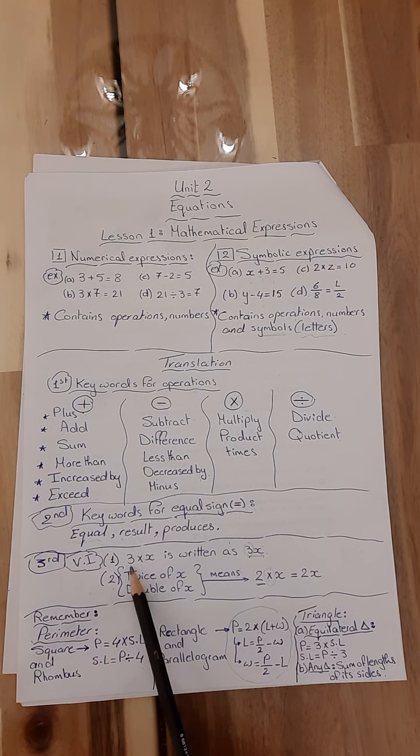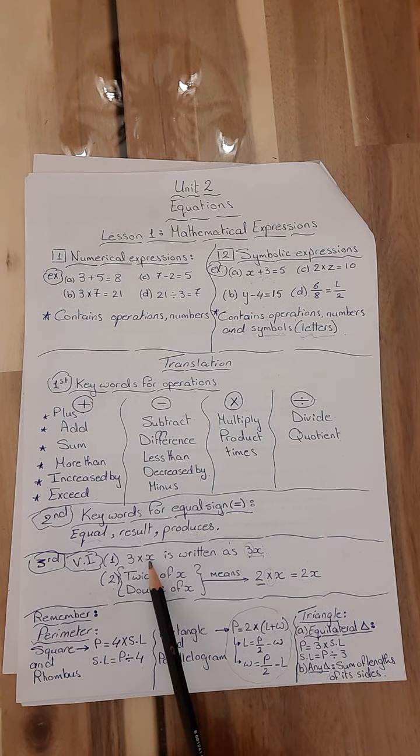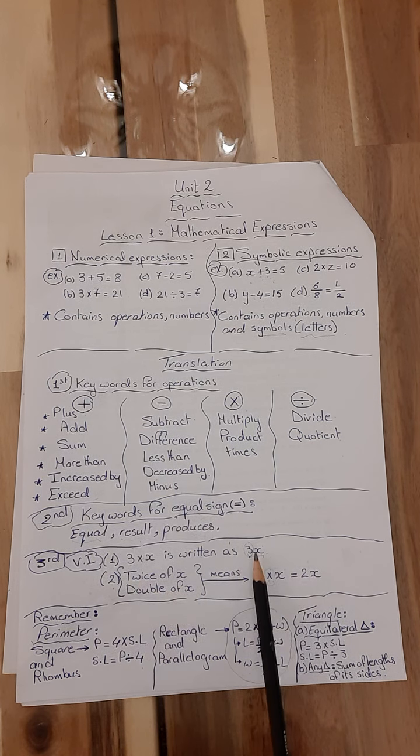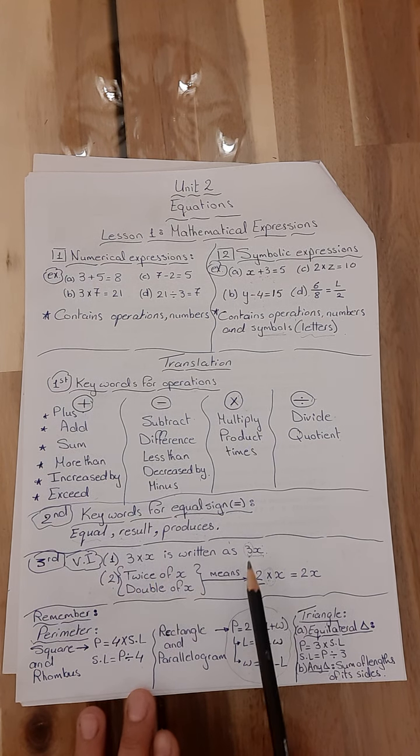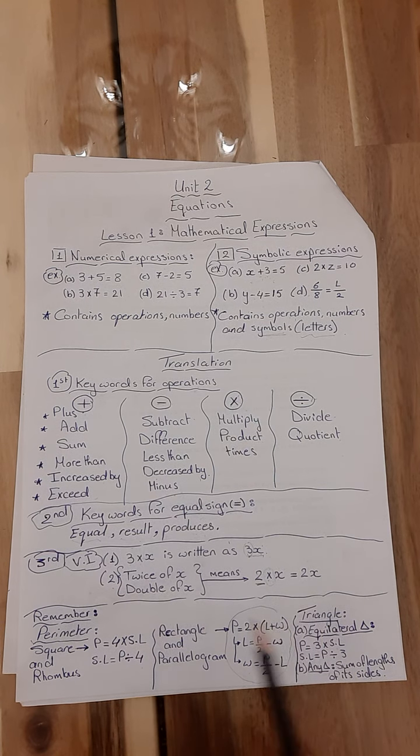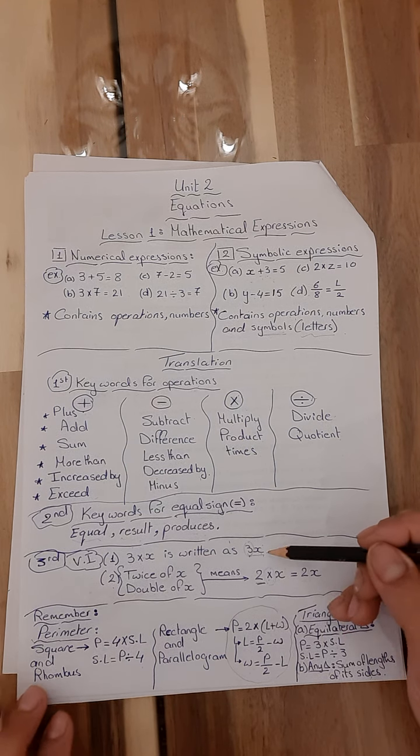If you have a number multiplied by a letter, the multiplication sign will disappear and the number must be written first and the letter second, directly after it. So 3 times x means 3x. Half of x means half times x means half x. 0.5y means 0.5 times y, and it's written 0.5y. This is very important.